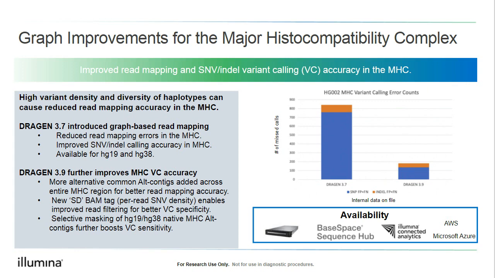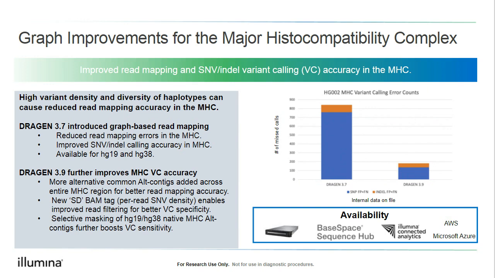Also for HG19 and HG38, we have done some selective masking in the MHC alternate contigs, and that helps us improve the variant calling sensitivity. So again, the changes are across the board. We have improved the reference, we have improved how the alternate contigs are handled in the mapper, and how that feeds into the variant caller and helps improve the accuracy of variant calling as well.